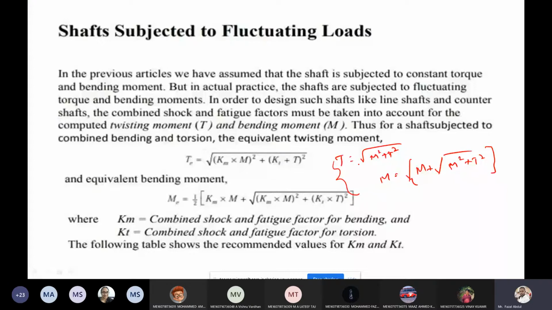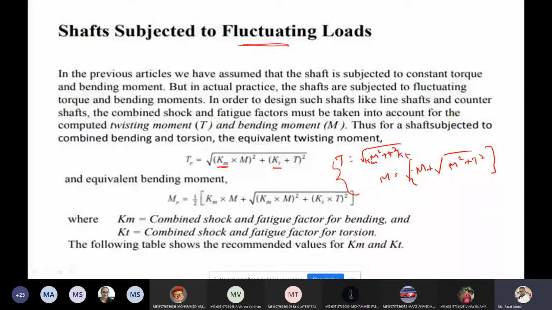Now in this case the shaft is subjected to fluctuating loads. Additionally, we need to take into consideration shock and fatigue factors. See in this equation, Km and Kt. We multiply with the Km here and with the Kt here.